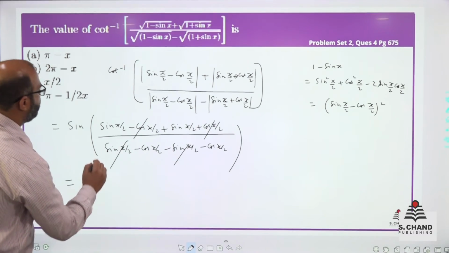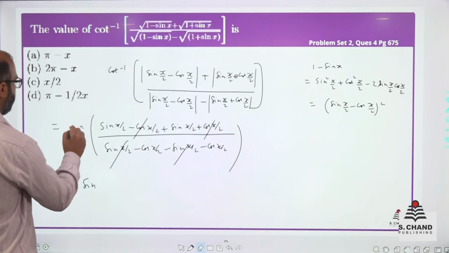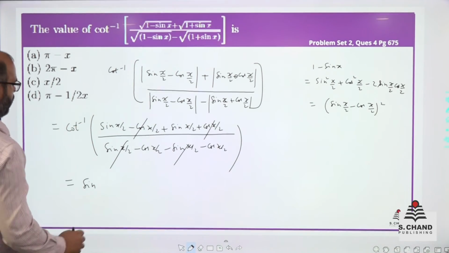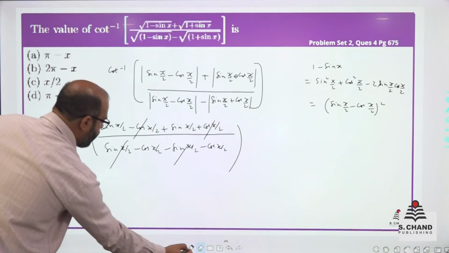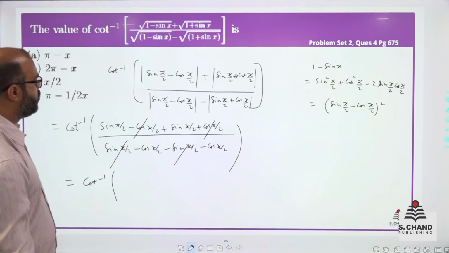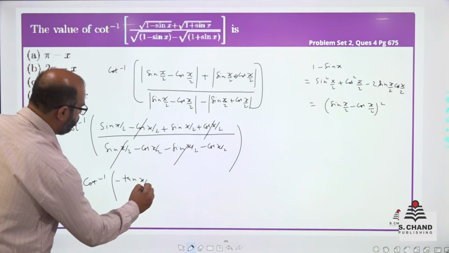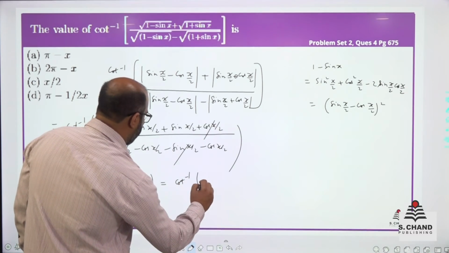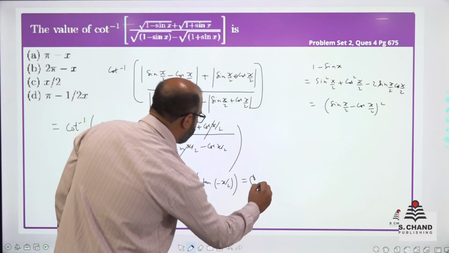This is cot inverse, mistakenly I have written sin here. So here it will become tan x/2, the 2 times 2 will cancel, minus tan x/2, which will be cot inverse of minus tan x/2.